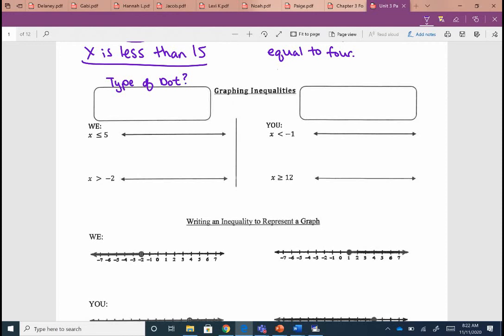So type of dot. And put a question mark. Or if you'd rather put circle instead of dot, I've heard it both ways. Maybe you've worked with these before and you're like, yeah, Miss Guy, I like the word circle better. Doesn't matter. There's 2 different types we're going to see. There is an open.